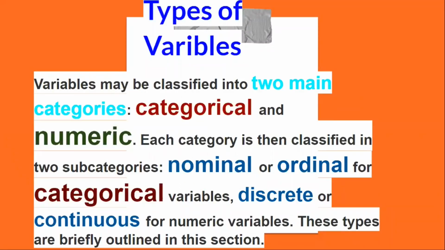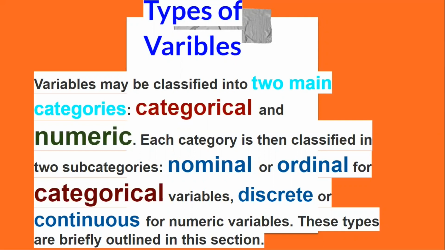So what are the different types of variable that exist? In statistics, we have classified variables into two main categories. We have, first of all, categorical variables and numeric variables. Each category is then classified into two subcategories.